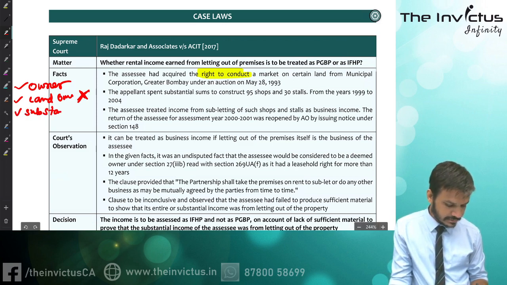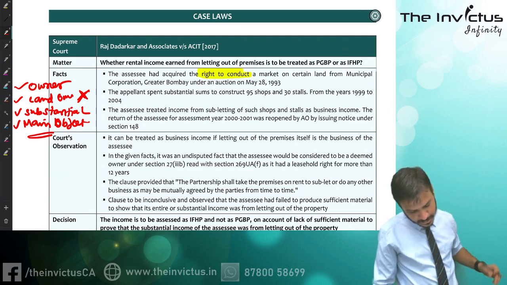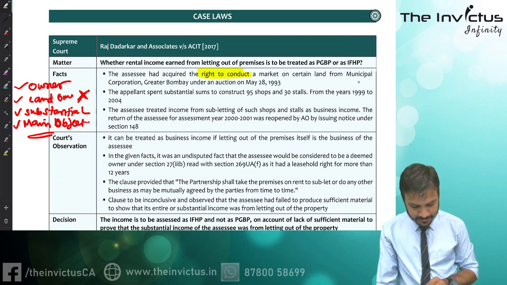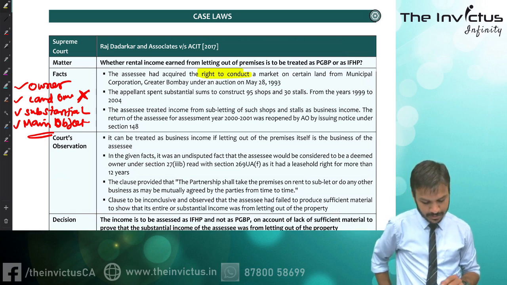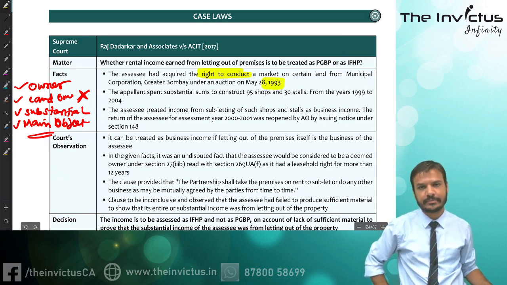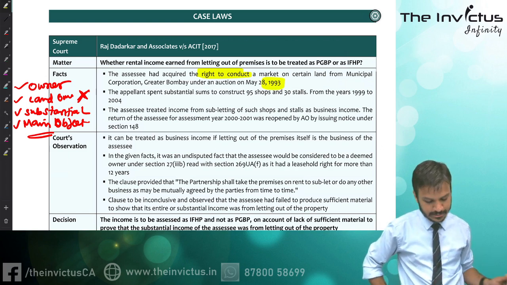Substantial income, main object. I need to prove all these things. Now see, the assessee had acquired the right to conduct a market on certain land from the Municipal Corporation, Greater Bombay, under an auction in 1993. So it is a leasehold property, right? The land was taken on lease.